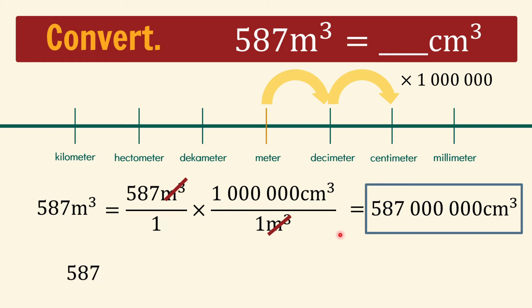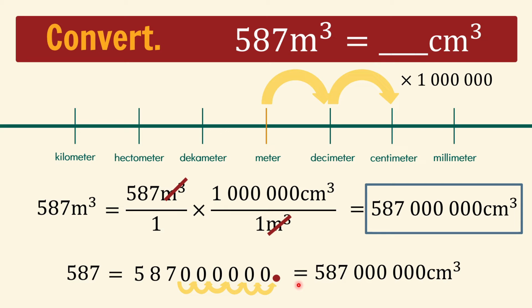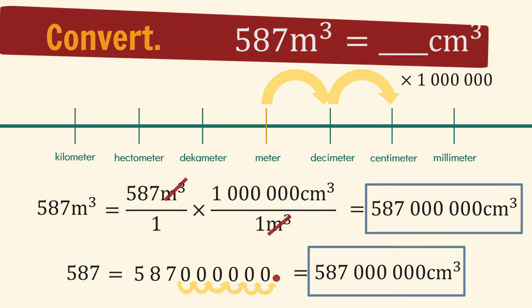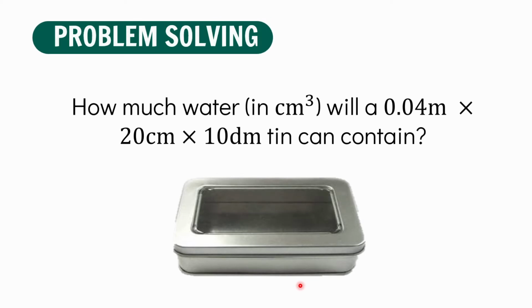Using the shorter way, by moving the decimals, all we need to do is to move the decimal point of 587 six times to the right because we are multiplying 587 by 1 million, and 1 million has 6 zeros. Therefore, 587 cubic meter is equal to 587 million cubic centimeter.